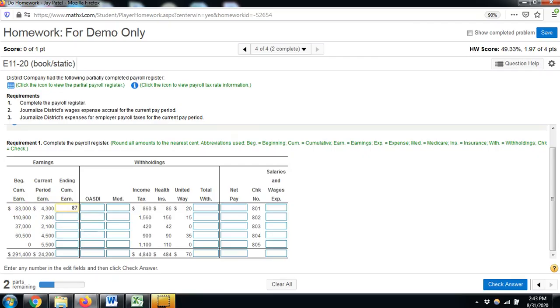I'm going to do the math really quickly. So again, you see 83,000 plus 4,300 is 87,300. So I'm just doing that same calculation for each of these rows.